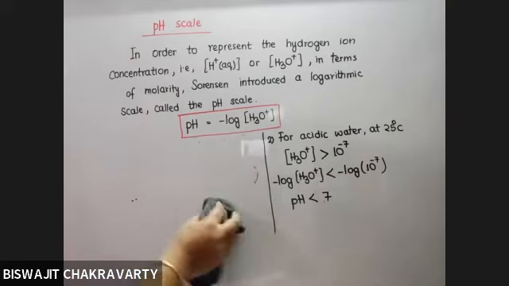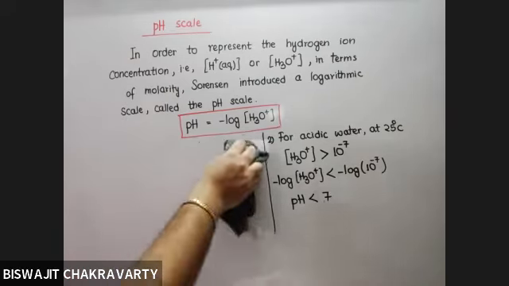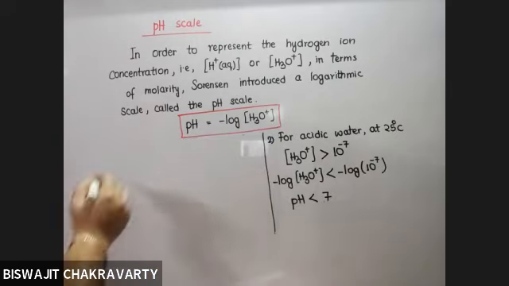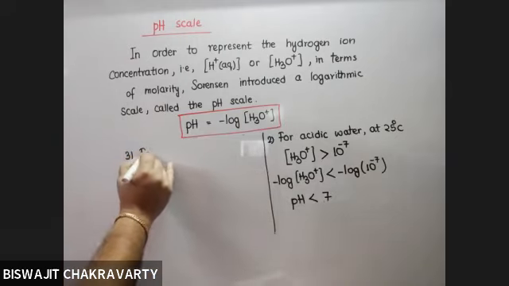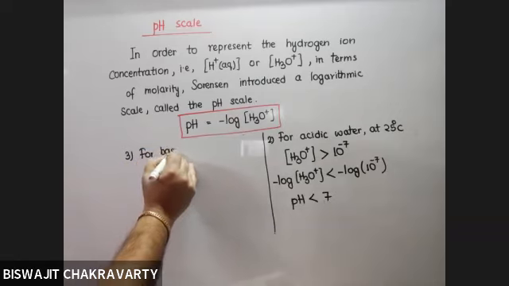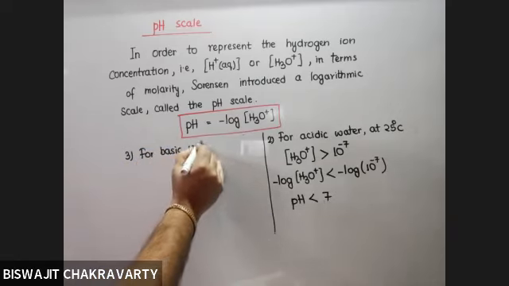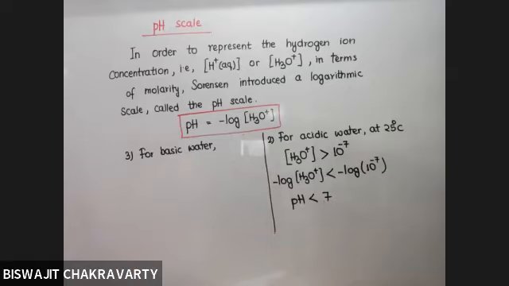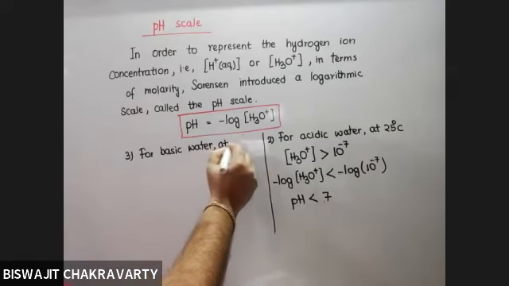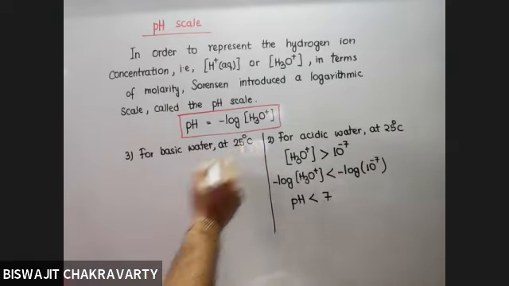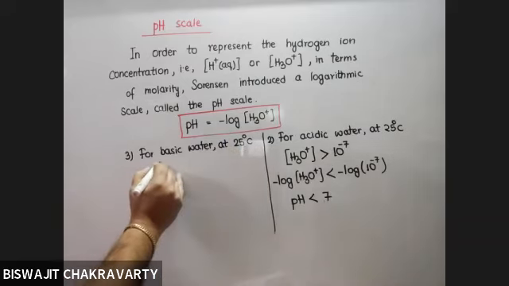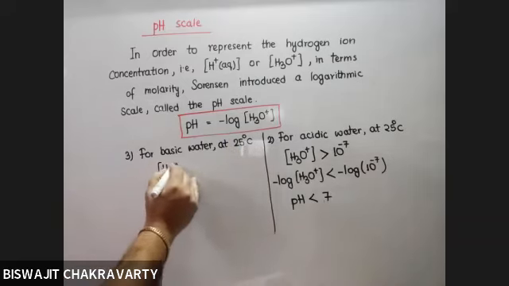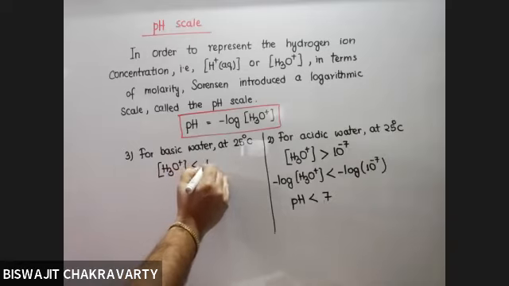Third, what remains is basic water. For basic water at 25 degrees Celsius, H3O plus was less than 10 to the power minus 7.